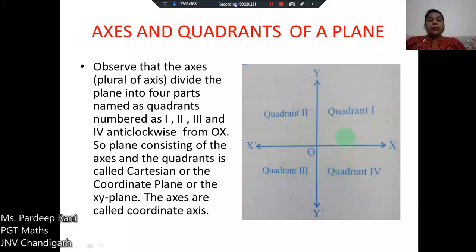You can see that they are marked in the anti-clockwise direction starting from the position OX. So the plane consisting of both of these axes, the x-axis as well as the y-axis, and the quadrants is called the Cartesian plane, or the coordinate plane, or the xy plane. The axes are called coordinate axes, the x-axis as well as the y-axis.